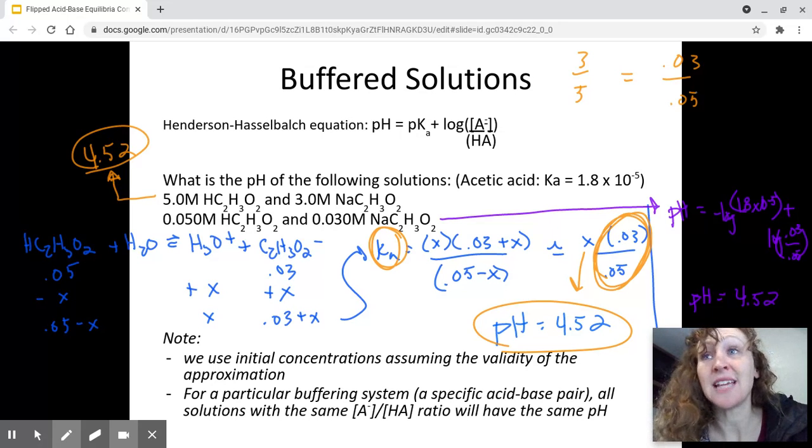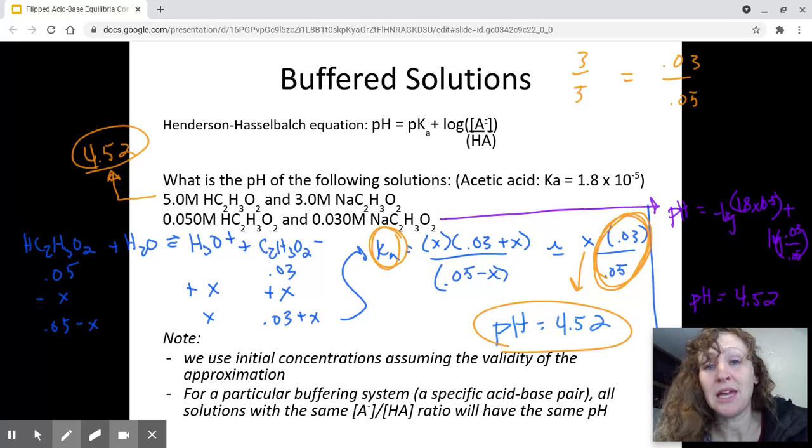Does it affect anything? Because if I'm in the chemical business and I'm selling buffers, heck, it would be a whole lot cheaper if I could make solutions with 0.05 molar and 0.03 molar, right? Those would be really excessively on the order of 100-fold cheaper solutions than creating 5 molar and 3 molar solutions.